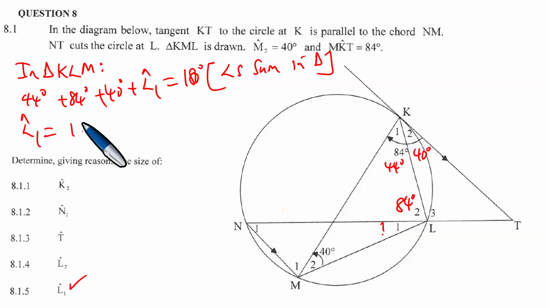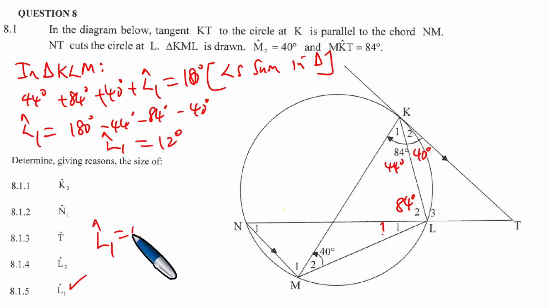Angle L1 is 180 minus 44 minus 84 minus 40. It's 12. So the angle L1 is 12.